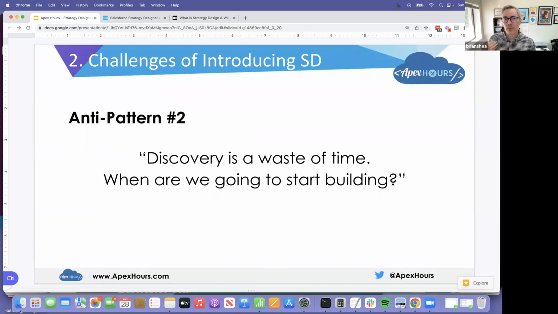So we definitely advocate that healthy and robust strategy or discovery is happening on projects. An organization really needs to buy in and understand the value of discovery in order to have strategy design be successful.